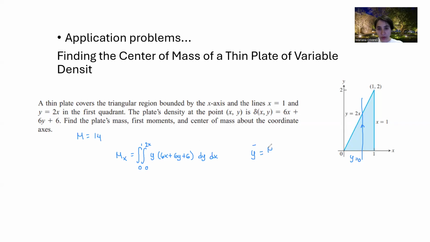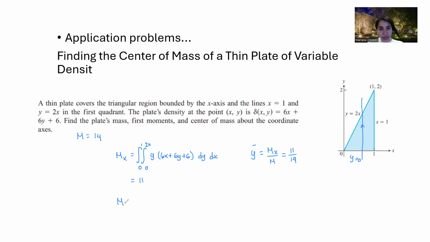The y component of the center of mass is m of x divided by the mass. So if everything went right, you solve this integral and you are getting as a result that this formula is going to give us an 11. So the y coordinate of the center of mass has to be 11/14.